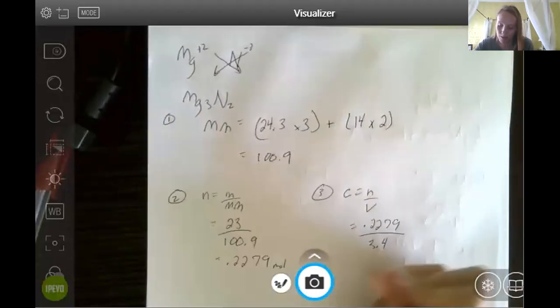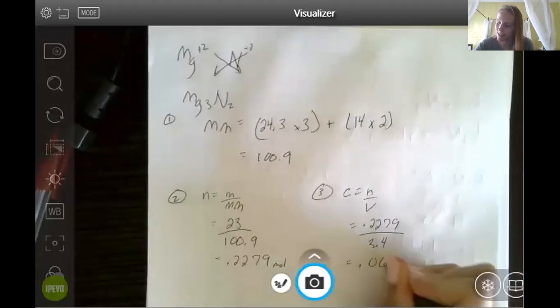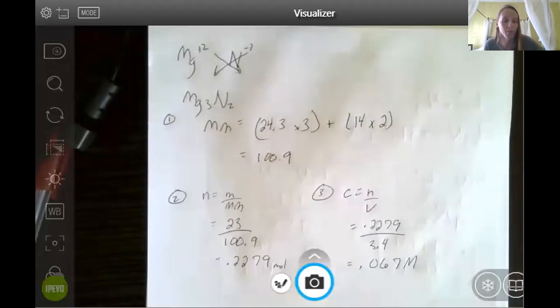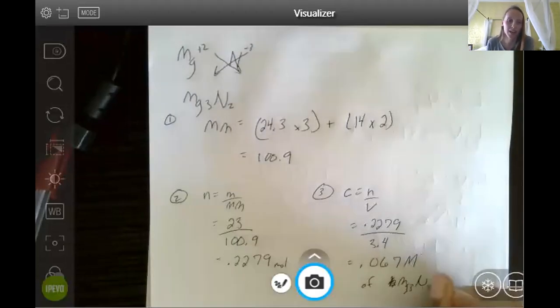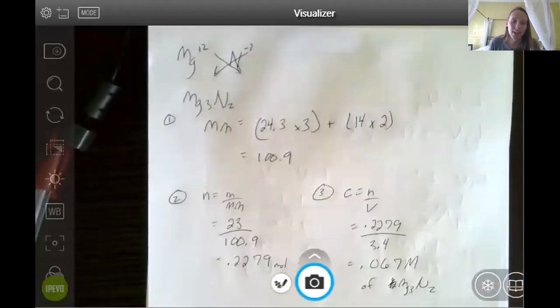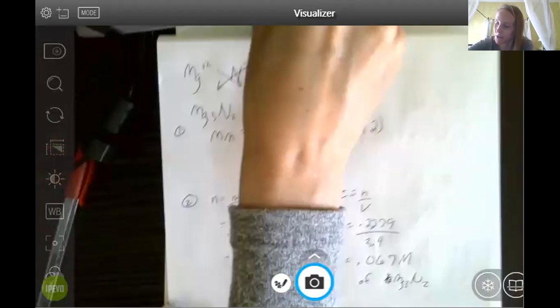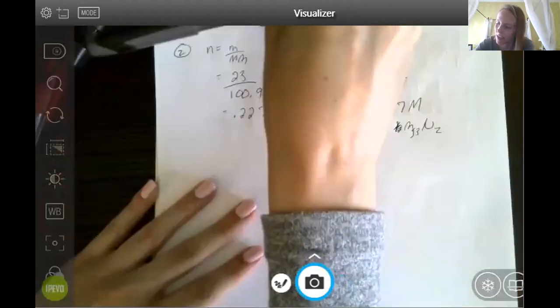And I get 0.067 molar. That would be my concentration of magnesium nitride.